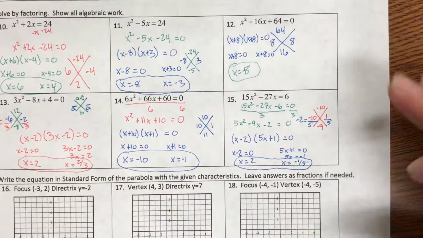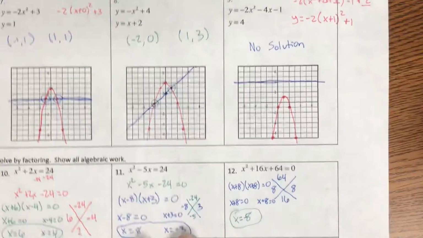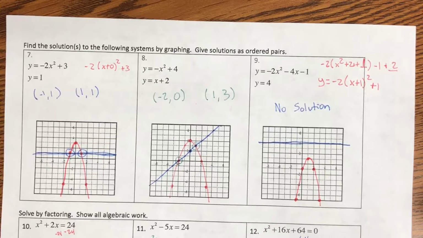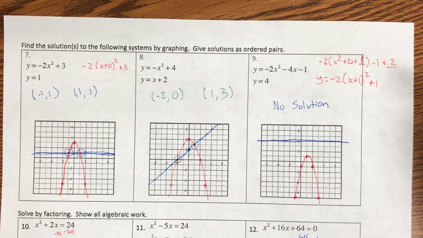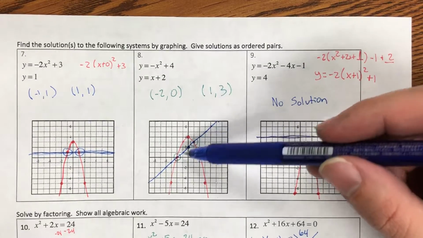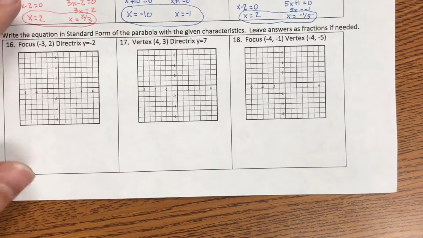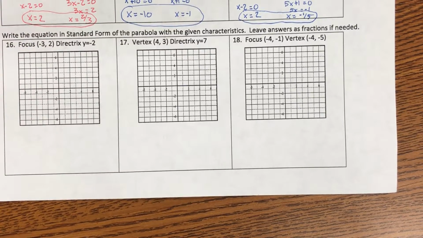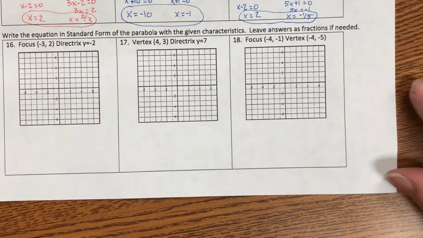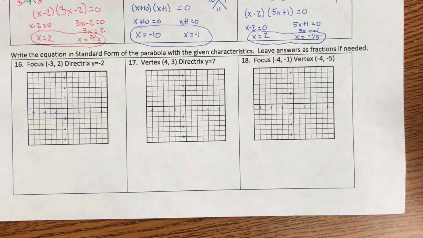When I'm looking at the systems from 7, 8, and 9, the solutions are different. It's wanting to know where the two lines cross. The last ones we have in 16, 17, and 18, it wanted me to write the equation in standard form with the given characteristics.